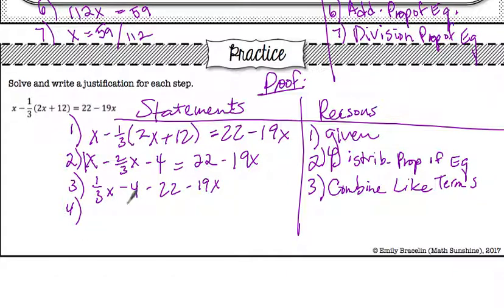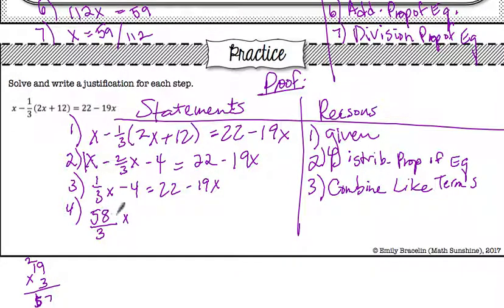Now I also see that I have, this was an equal sign, I have a 19x over here and a 1/3 x over here, I am going to add 19x to both sides. 19x plus 1/3 x is actually 58/3 x. Okay, so if you didn't know, 19 times 3 is 57, excuse me.